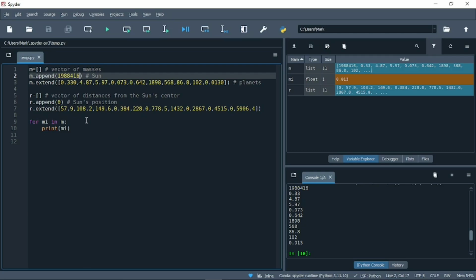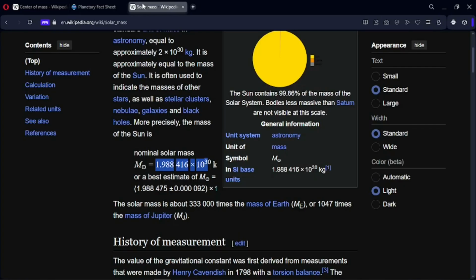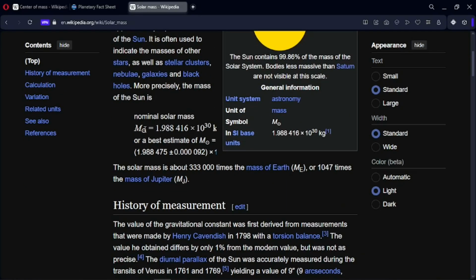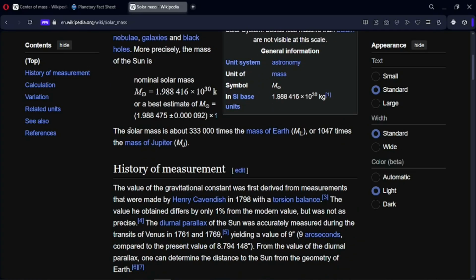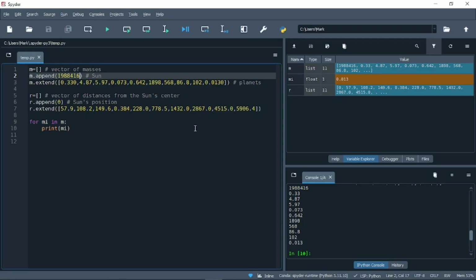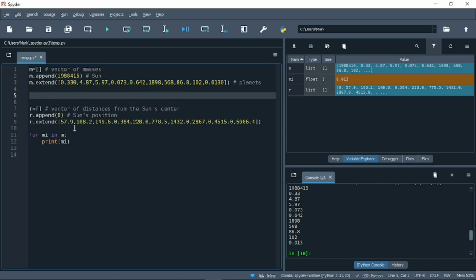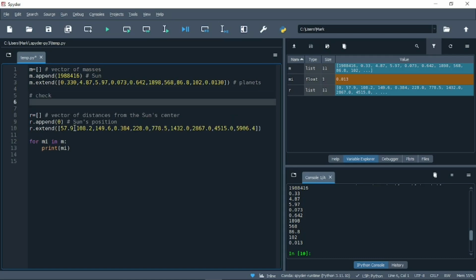Let's make a brief check on this. For example, the solar mass is about 300,000 times the mass of Earth. Let's make some checks. Always check your code, because mistakes are everywhere.